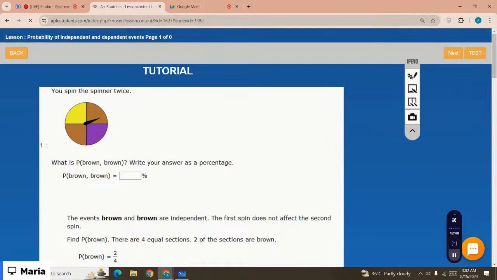You spin the spinner twice. What is the probability of brown and brown? Whenever we're working on the spinners, they are always independent events, right? So the two events, brown and brown, are independent events. The first spin does not affect the second spin.